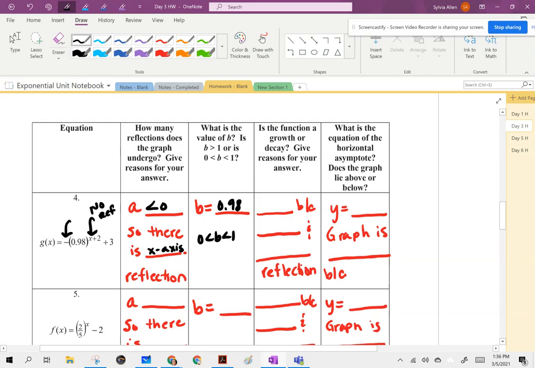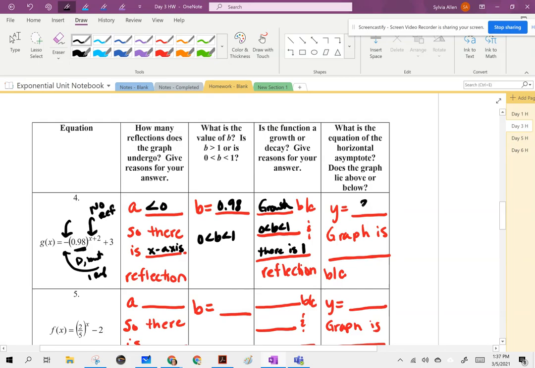All right, so is it growth or decay? Normally 0.98 by itself would indicate decay, but we have one reflection, so it's growth. And again, that's because 0 is less than B is less than 1, and there is one reflection.